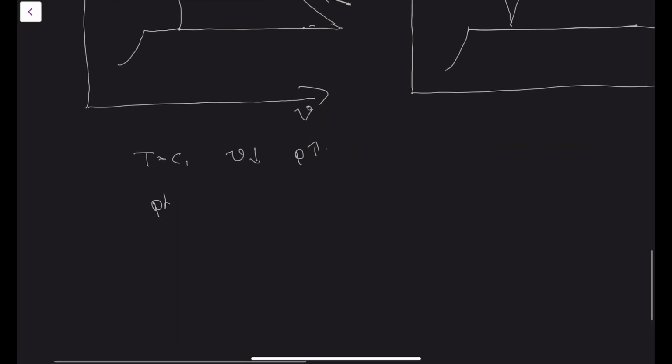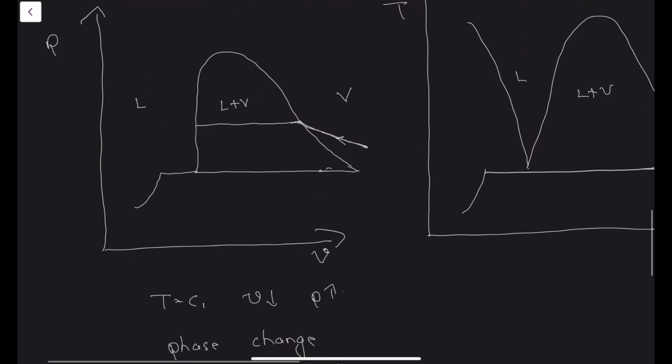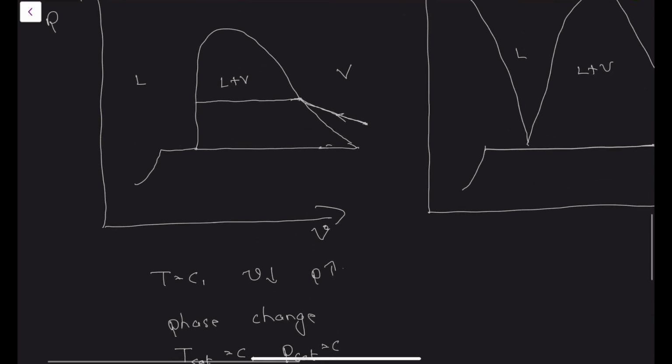During the phase change process, the temperature, called the saturation temperature, will be constant, and the saturation pressure will also be constant. This is for T equal to constant.